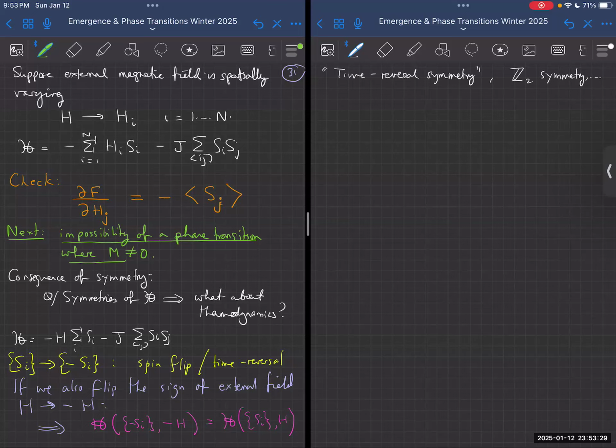Okay, so we have this exact symmetry, and now we're going to look at what are the consequences of it. So the strategy that we're going to do here is we're going to plug the symmetry into the partition function and see what happens.